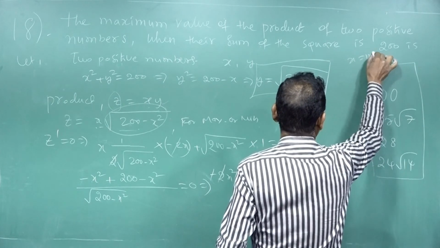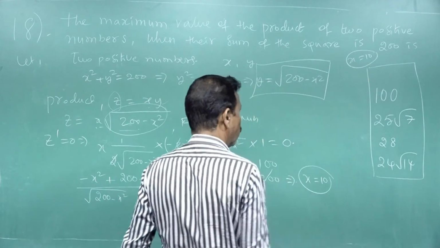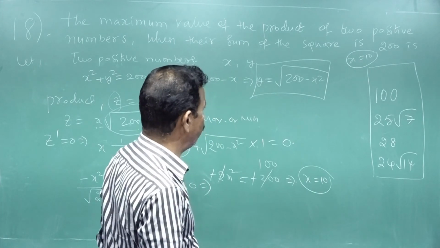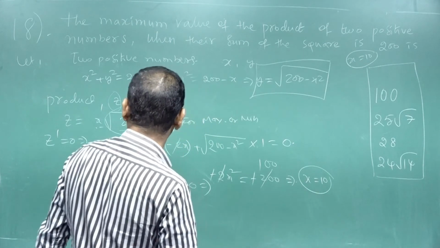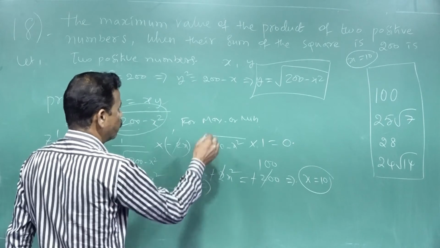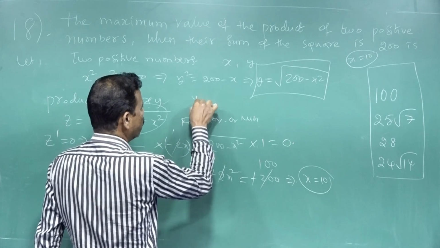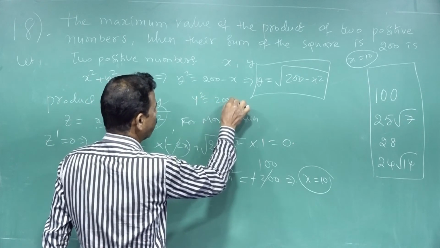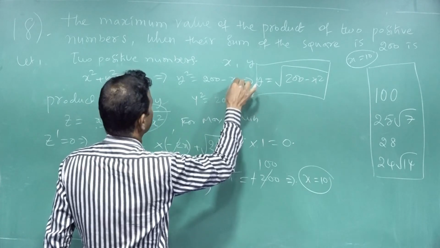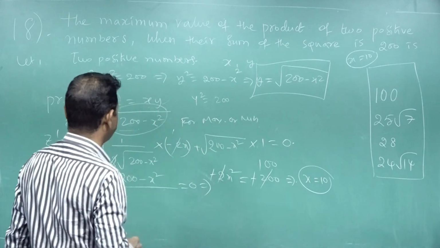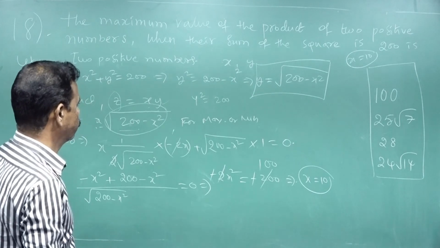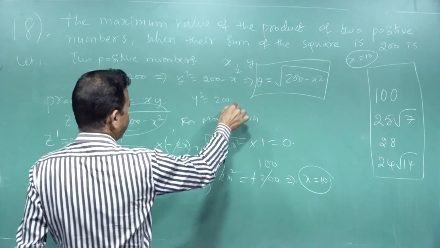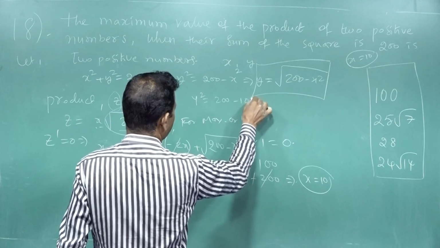Here the x is equal to 10 value came. I think x is equal to 10 is the maximum value. Suppose, roughly, y square is equal to 200 minus x square. Minus x square, which is 10 square, 100.